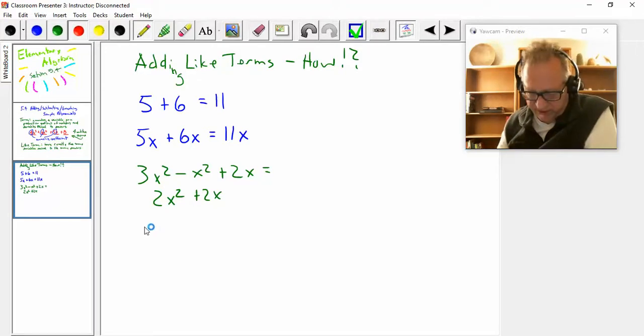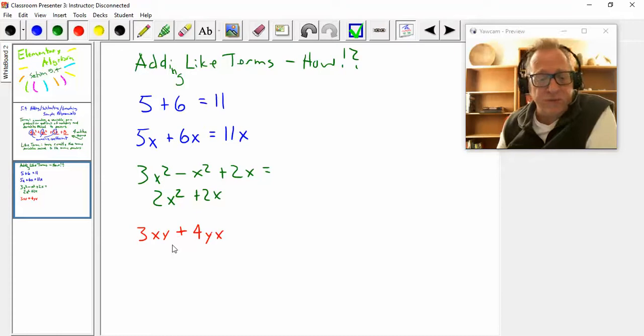What if I had 3xy plus 4yx? Can we add those together? Are these like terms? Well, let's see. Do they have the same variables? x and y. x and y. Yes, they do. Does it matter that they're turned around?